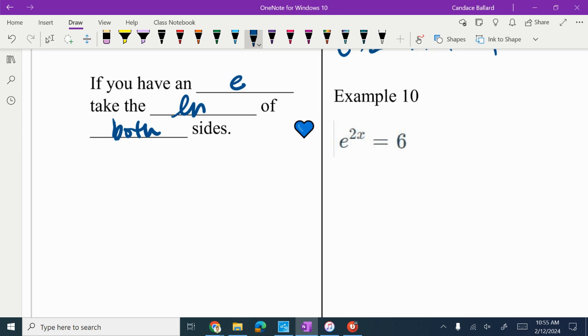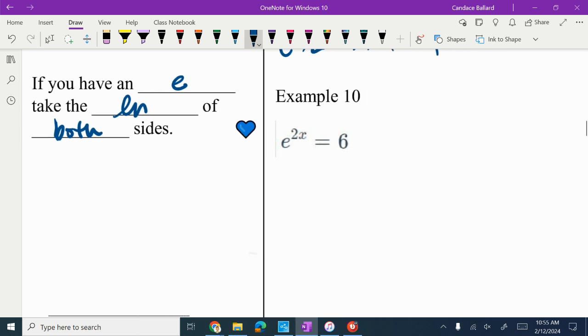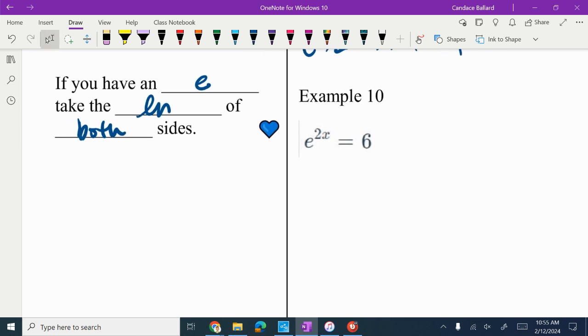E and natural log go really well together. We learned earlier in the unit that they're inverses of each other, so we'll say they cancel each other out. Natural log. Okay, so looking at example 10.